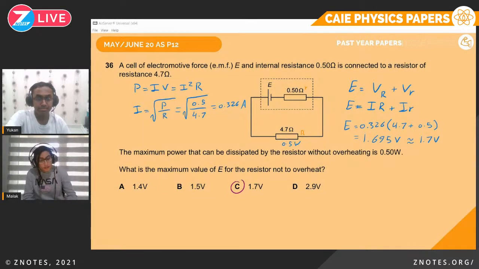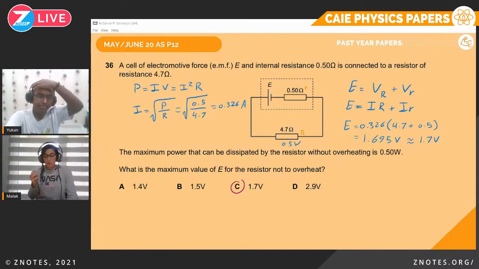Question 36. A cell of electromotive force EMF E and internal resistance 0.5 ohm is connected to a resistor of resistance 4.7 ohm. The maximum power that can be dissipated by the resistor without overheating is 0.5 watts. What is the maximum value of E for the resistor not to overheat? So right now, we just want to find electromotive force while taking account of internal resistance.